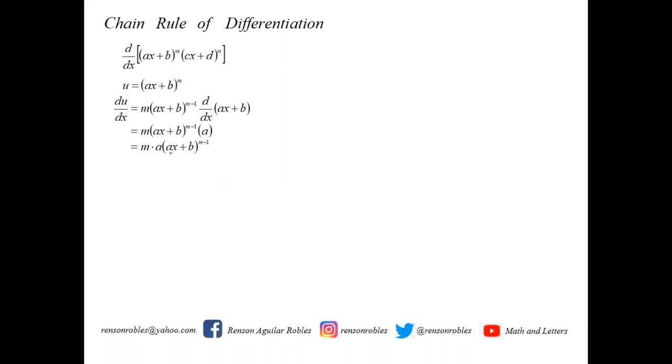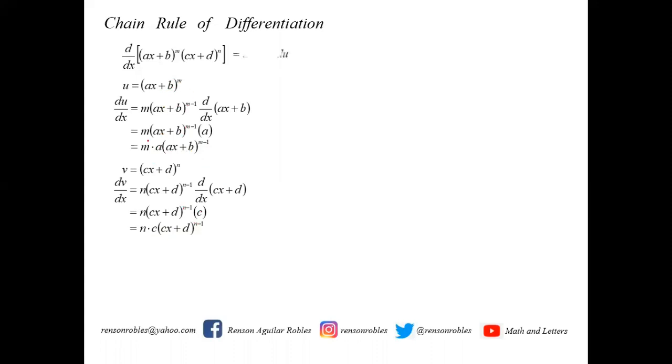That's ma times (ax+b)^(m-1). And then for v, that's (cx+d)^n, the derivative of which is nc times (cx+d)^(n-1). Okay, then you can just verify this process.